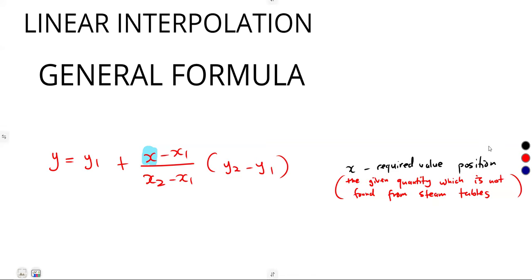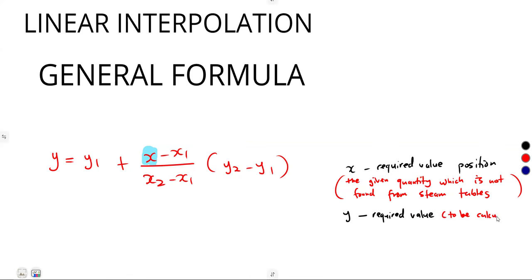Is it pressure that you are given there? So it is the one corresponding to the y value. The y value is the one that you are required to calculate. So this one is the required value to be calculated.